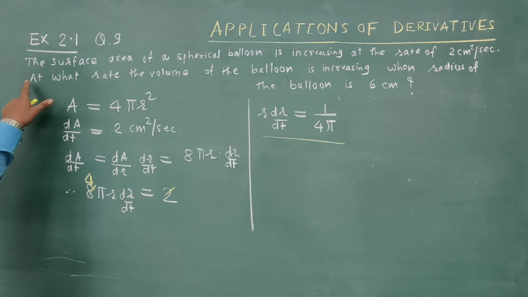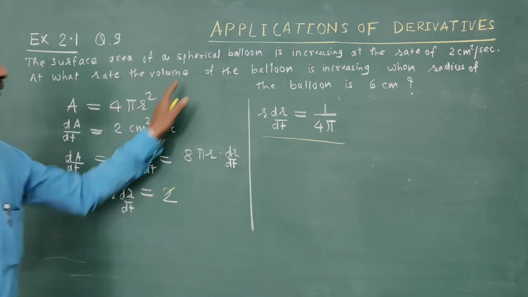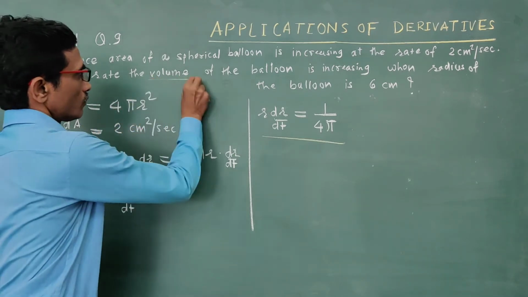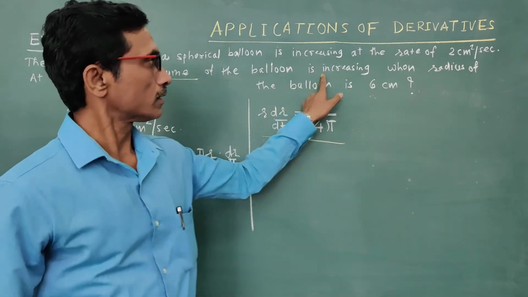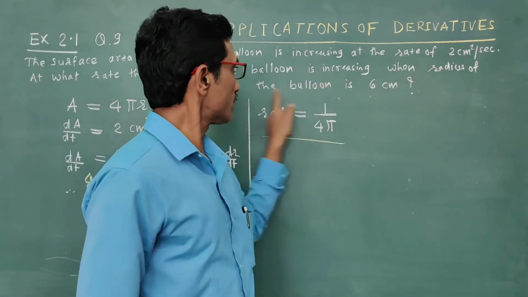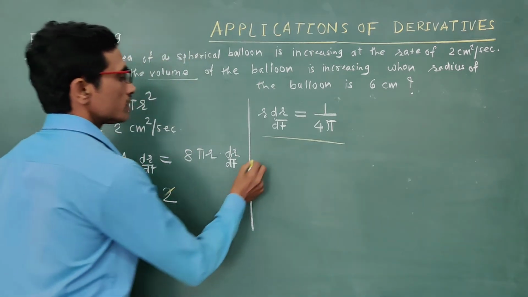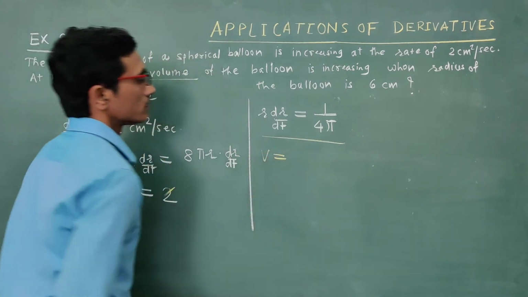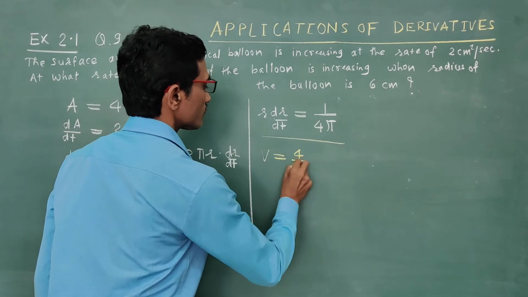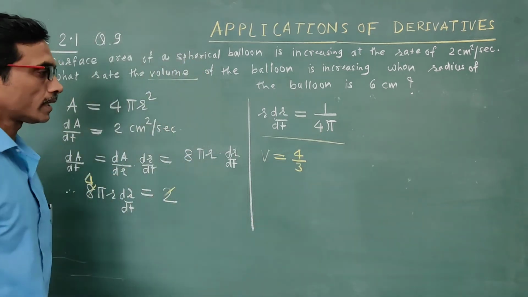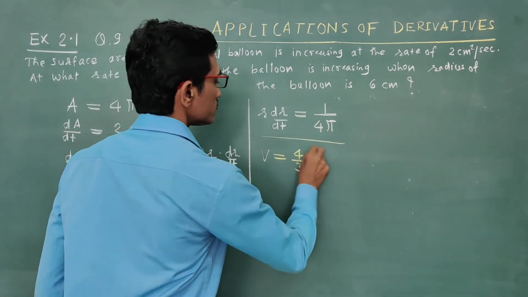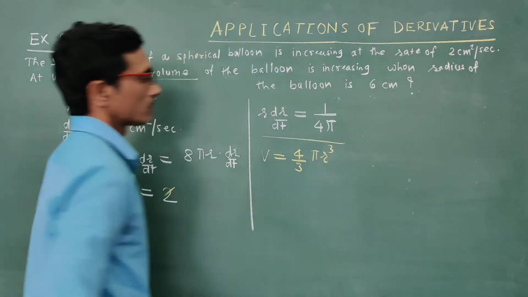Now at what rate is the volume of the balloon increasing when the radius of the balloon is 6 centimeter? So the volume of the balloon is given by this formula, that is 4 by 3 pi r cube, since it is a sphere.